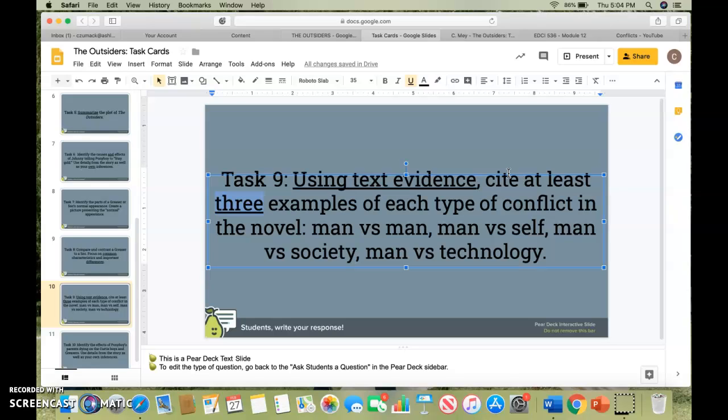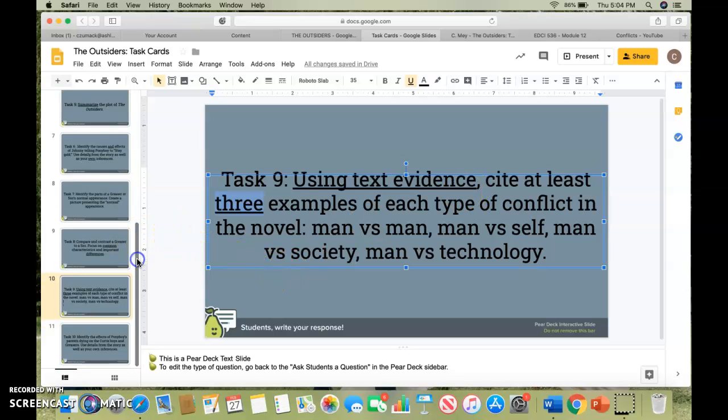And guess what, guys? Yesterday you did this, so you could pretty much copy and paste your answers, just picking 3 of them. Maybe 1 from each category, or 2 from man versus man, however you want to swing it, and putting it into your tasks. This really does intertwine with our focus yesterday on conflicts. So that one is pretty easy peasy.